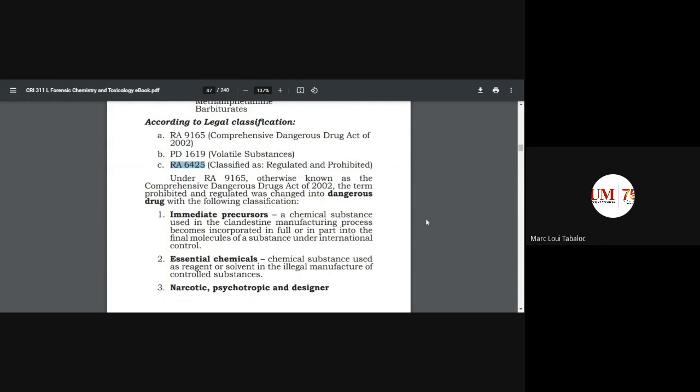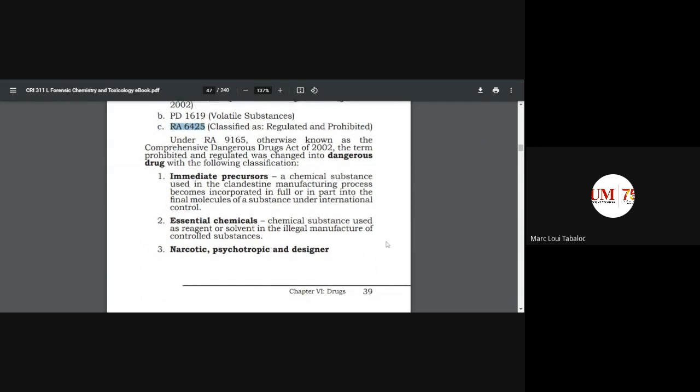So, under RA 9165, merong refined at makabagong prohibition and regulation changes for dangerous drugs kung saan meron silang intermediate at makabagong mga classifications legally. Okay? So first, we have those immediate precursors. These are chemical substances used in clandestine manufacturing processes. Na kung saan, itong mga precursors, ito yung mga ingredients. Okay?